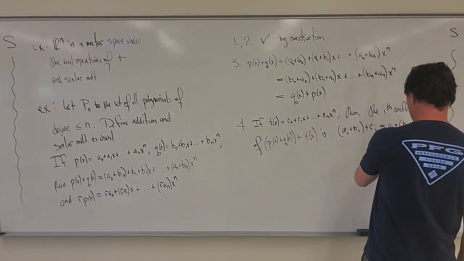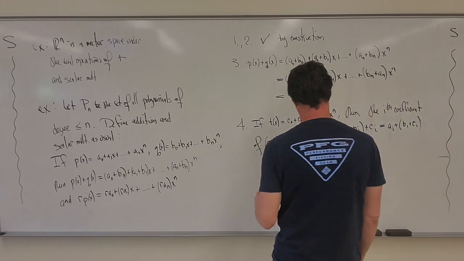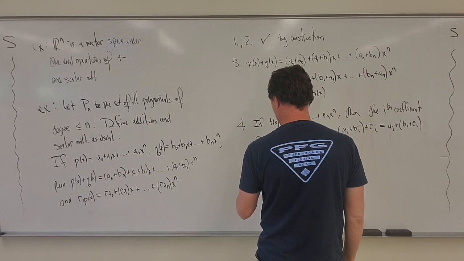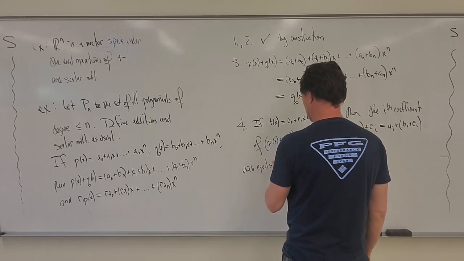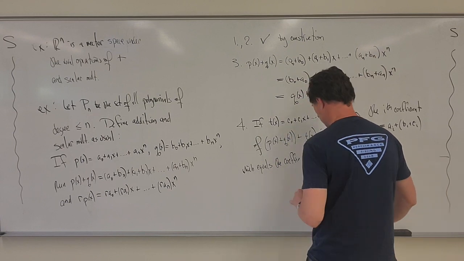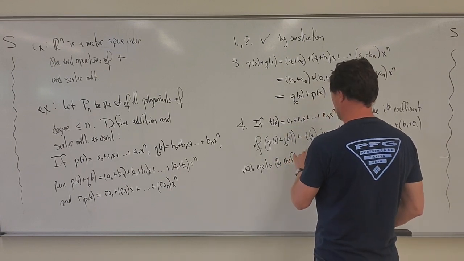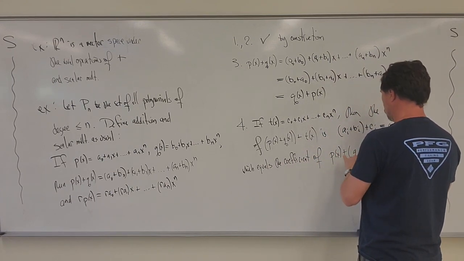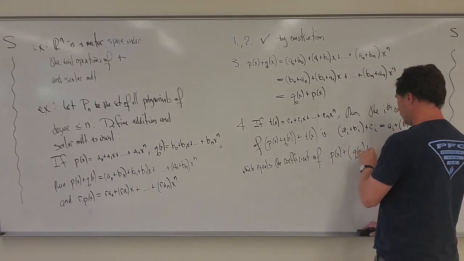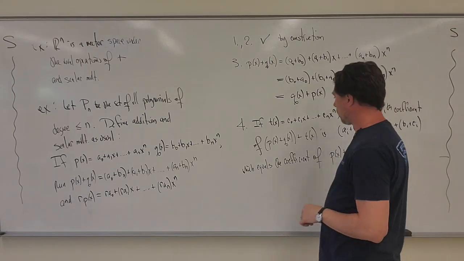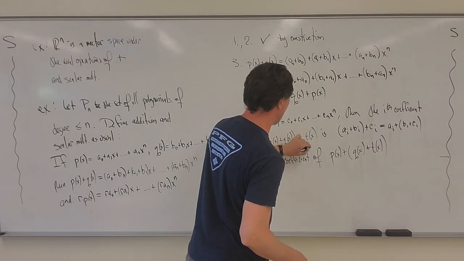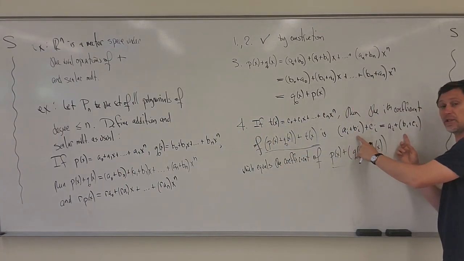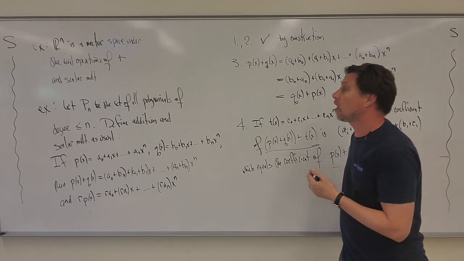And this right here, this is the coefficient of the polynomial p of x plus (q of x plus t of x). Right? So if you do this order of addition versus this order of addition, here are the coefficients you get, but these are equal because of associativity of addition of real numbers.